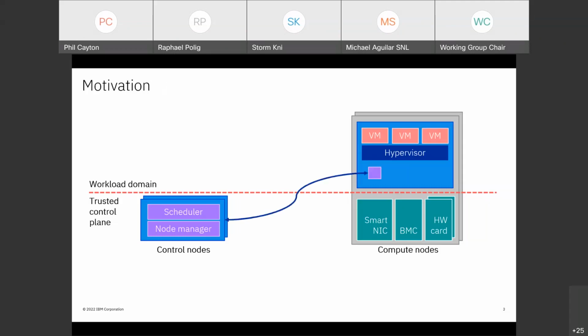So now where comes the motivation for what we're doing? For the schedulers and node managers to communicate with the compute nodes, there is always a little piece of software still running inside the workload domain and on the compute nodes themselves. They are needed to interact with the hypervisor to start and stop virtual machines.